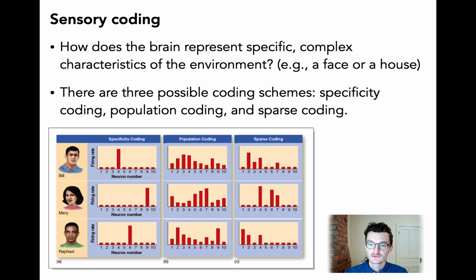Population coding suggests that complex perceptual experience relates to the firing of populations of neurons. Population coding is probably unlikely because it's very energy inefficient. We want to conserve energy. Our brains want to conserve energy.